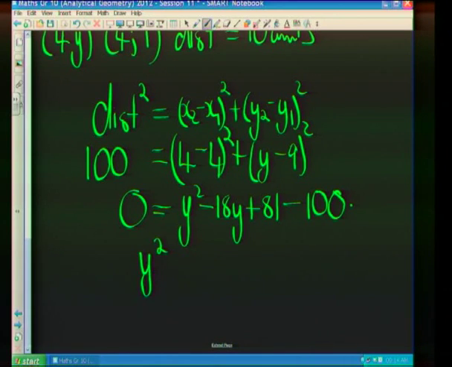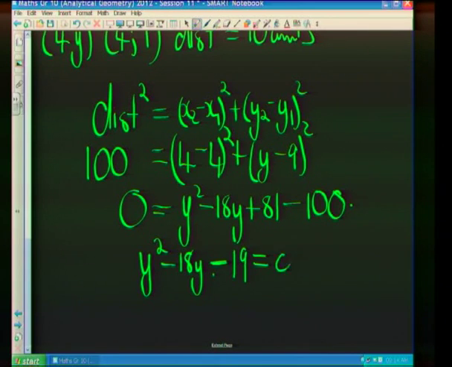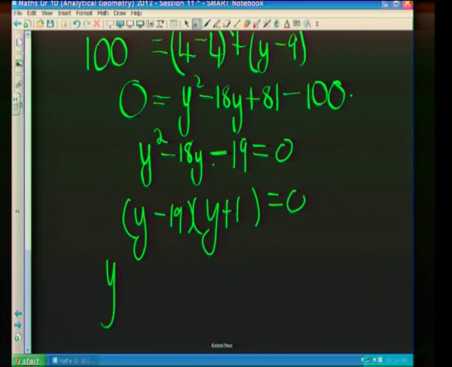And it's y squared minus 18y plus 19, minus 19 rather, sorry, minus 19 equal to 0. That's my trinomial. Factorize: y minus 19, y plus 1, and it works out beautifully. Y is either equal to 19 or y is equal to negative 1.